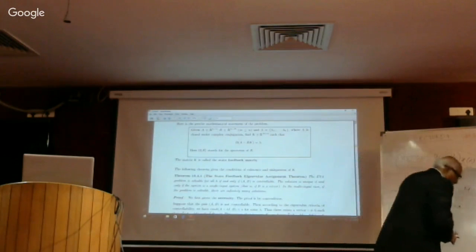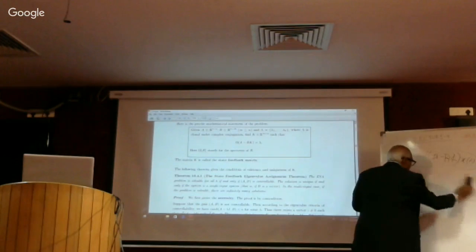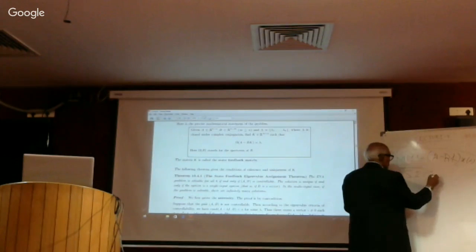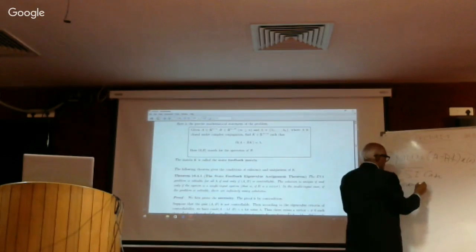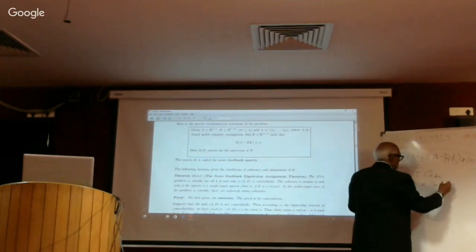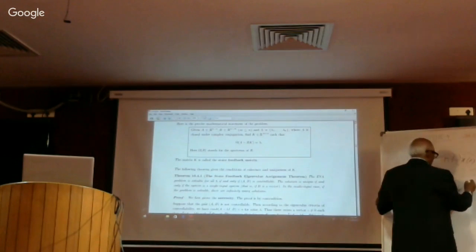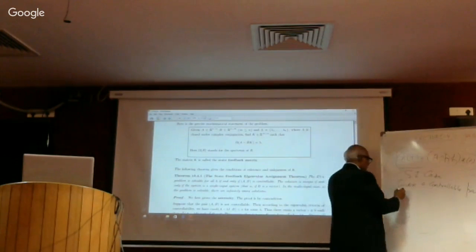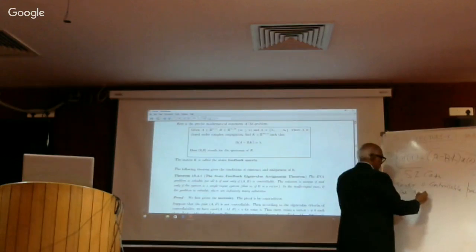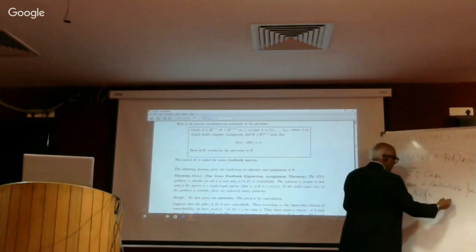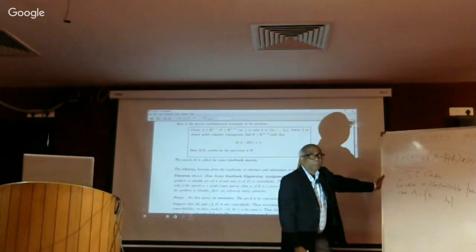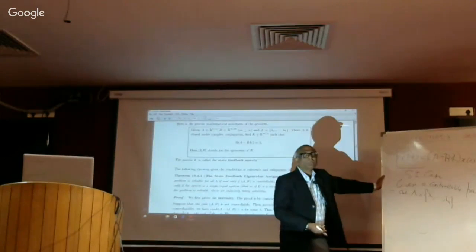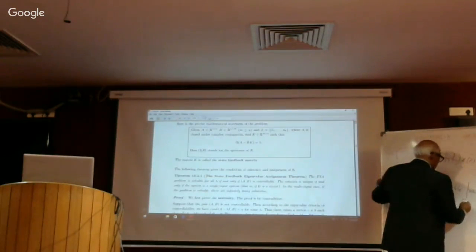So in the single input case, the problem is the following. Given a controllable pair A, B, where B is a vector now in the single input case, and a set of eigenvalues, a set of numbers lambda, which is closed under complex conjugation. Find the feedback matrix.